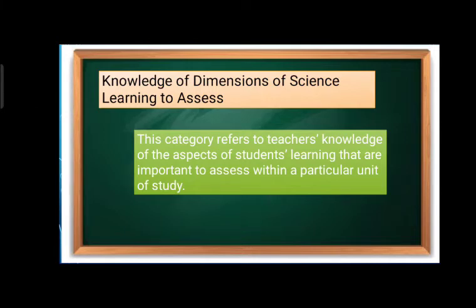Effective teachers should know what dimension or aspect of scientific literacy should be assessed in a particular unit. As an example, it is more difficult to empirically investigate the solar system than weather.